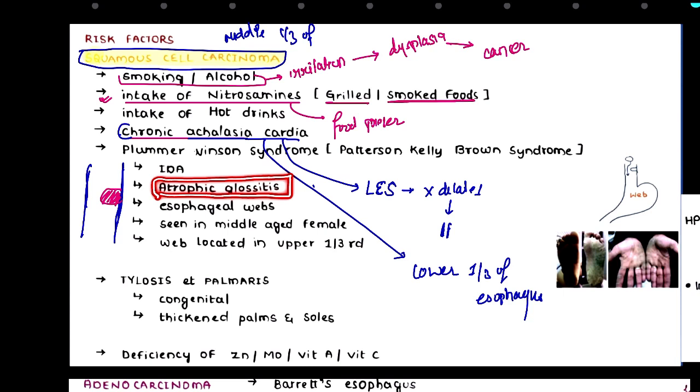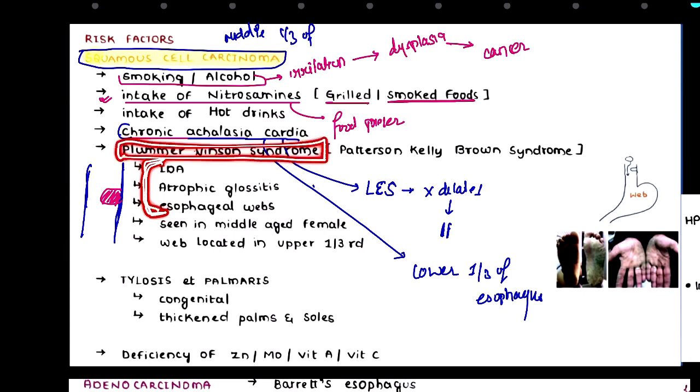It is atrophy of the oral mucosa, especially in the tongue region, because of which a red beefy tongue will appear. These are the triad of Plummer-Vinson syndrome: iron deficiency anemia, atrophic glossitis, and esophageal web, mainly seen in middle-aged females, with the web located in the upper one third of the esophagus.